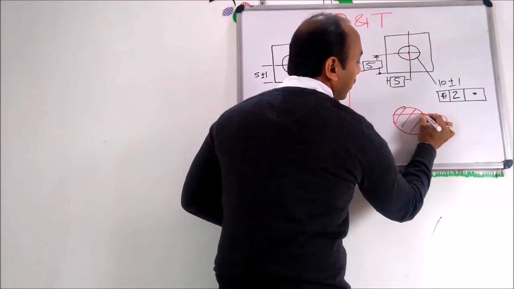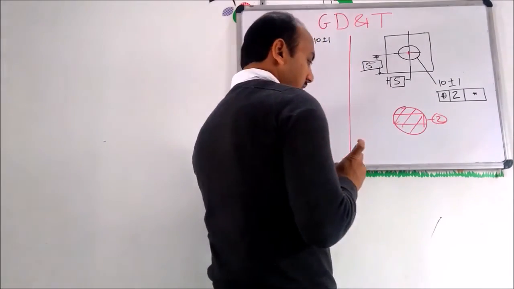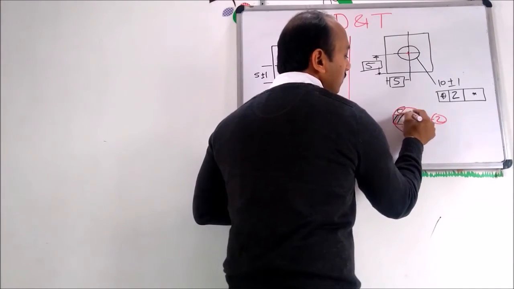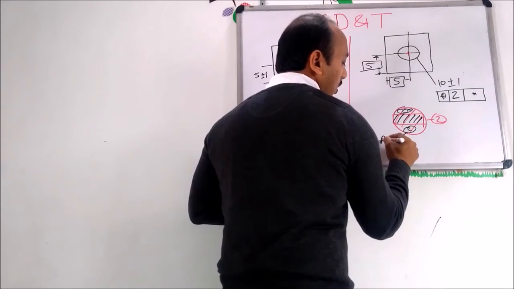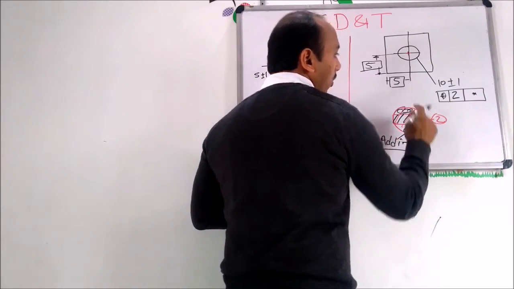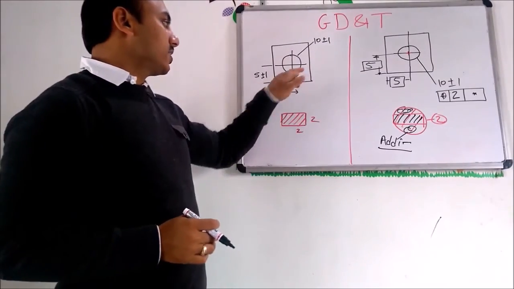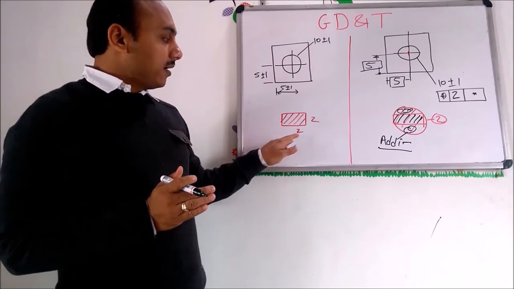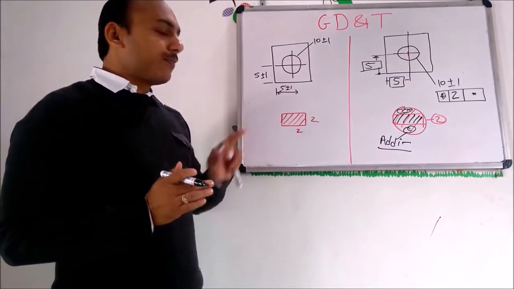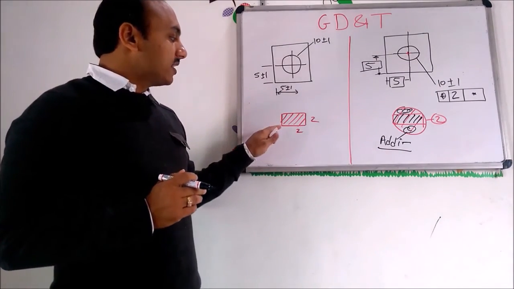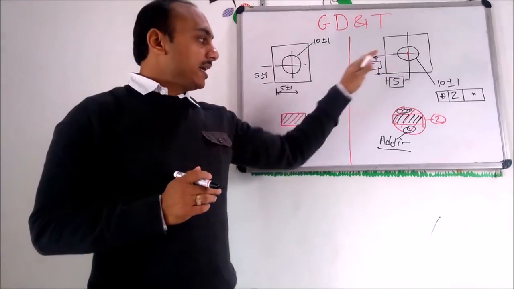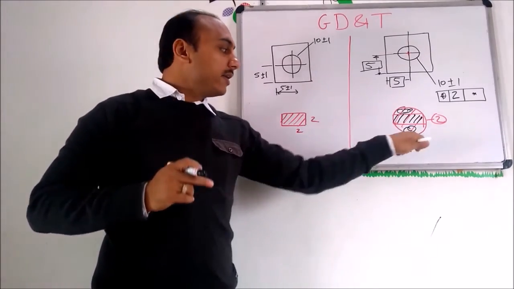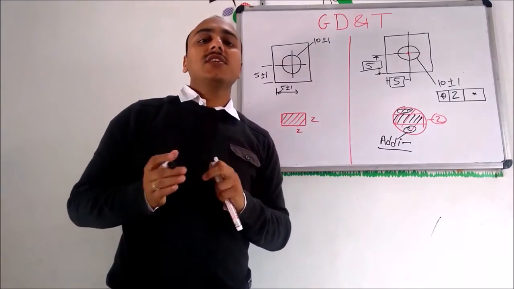If I draw the rectangular tolerance zone in it, we can see that these zones are additional tolerance we are providing on this hole, whereas the hole was tighter before. So this is the difference between geometric tolerancing and simple tolerancing. In simple tolerancing, the zone is rectangular, and in geometric tolerancing, the zone is circular, which provides additional tolerance.